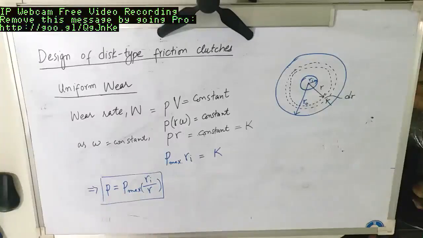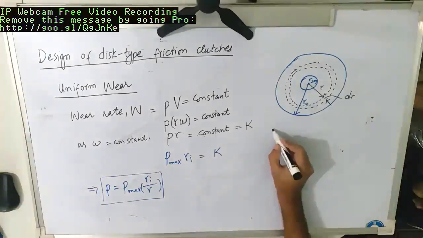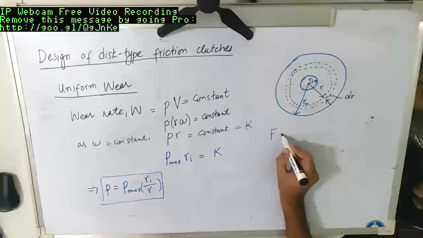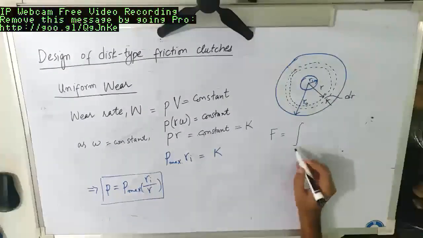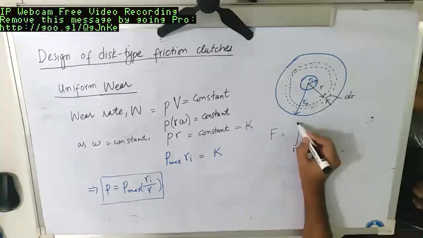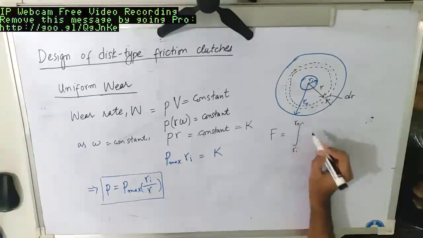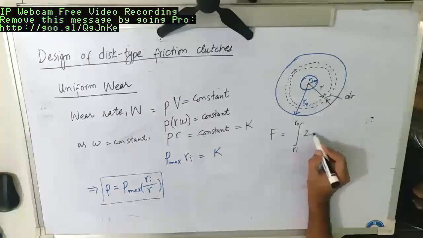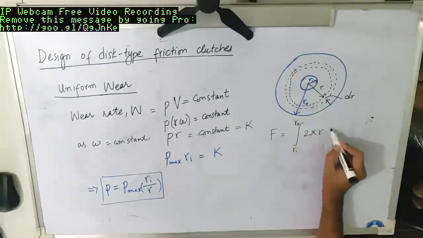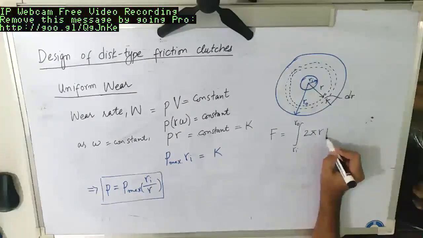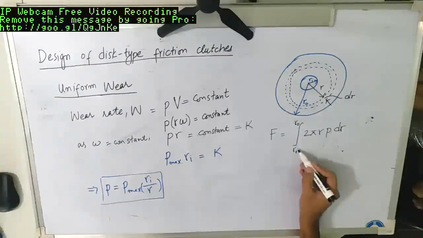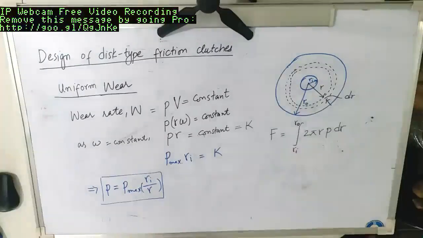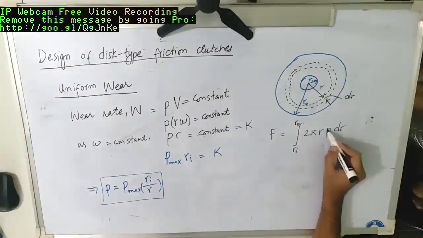Next, we can write the same expression for the actuation force F as we did for the previous derivation. So it will be an integral of 2 pi r P dr from the inner radius to the outer radius. Except that in this case P is not constant, as was the case last time.